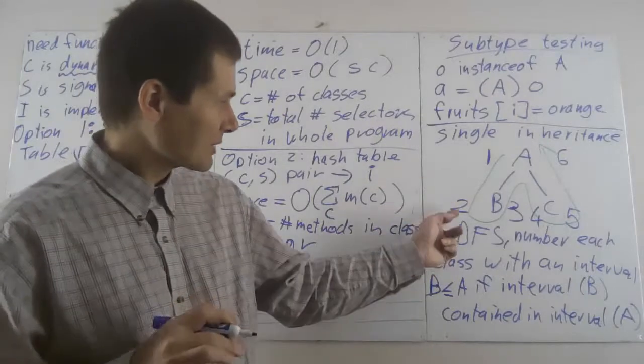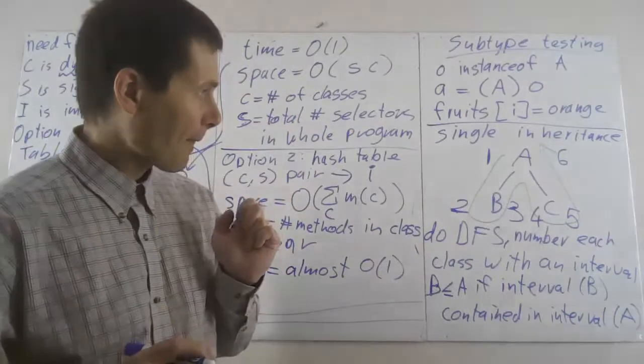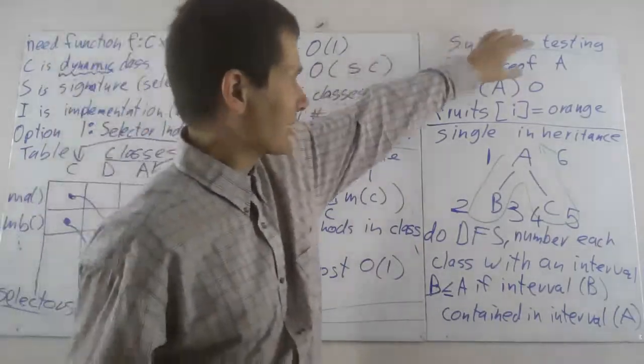I'm going to look it up, and it's going to say, oh, my interval is 2, 3, and I'm doing an instanceof check.